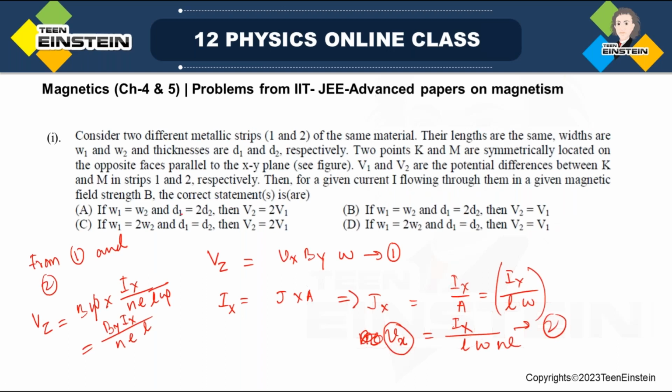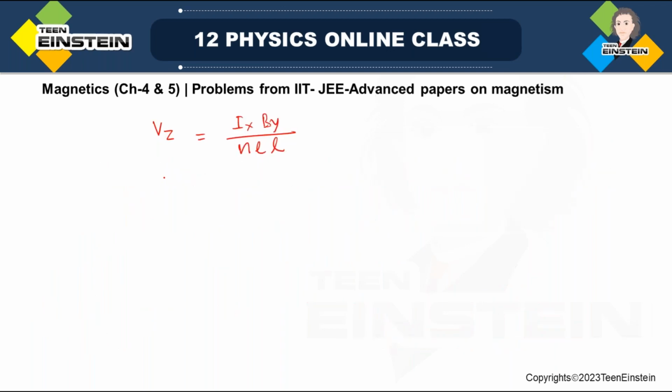see here we have this relation first. Okay, if W1 is equal to W2, so I can write it for both. So this is Vz for 1, that is Ix By, everything is correct, everything is same. Here length is also same, L. Okay, width is also same.